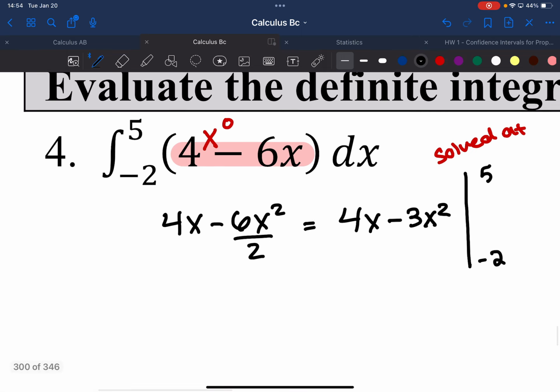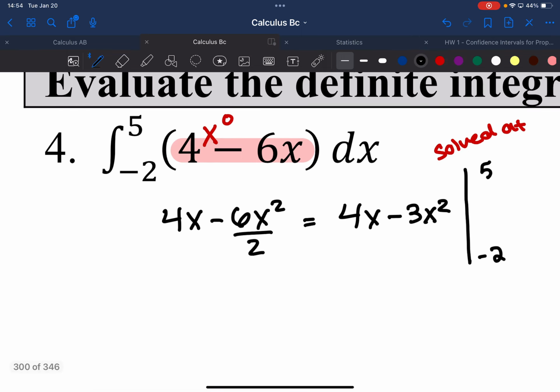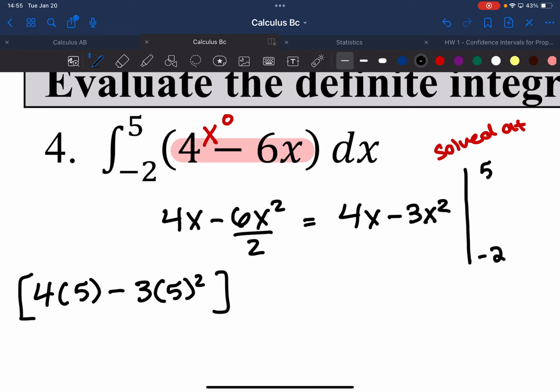Okay. So following the fundamental theorem of calculus, I always start with capital F of b, which means I'm starting with the upper bound. So I'm going to plug in 5 into my antiderivative. So I have 4 times 5 minus 3 times 5 squared, and I'm going to put these in brackets because part of my equation is subtracting the 2.